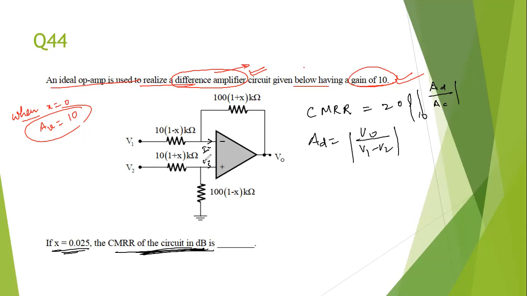Let's say this is your R1. The gain is 10. If x equals 0.025, just put in the x value 0.025. In this case, this is equal to 9.75 kilo ohm.